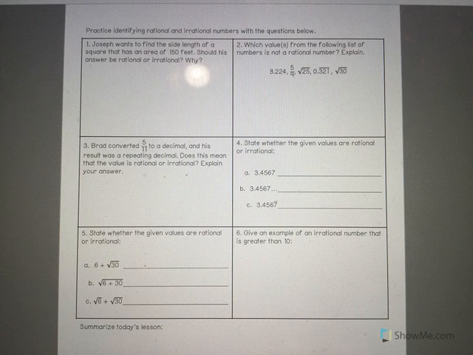Okay, homework 4. Let's do an example of number 4. State whether the given values are rational or irrational. Well, A is rational. Why? Because it's a terminating decimal. It just ends. Aha! You see those three dots? Irrational.